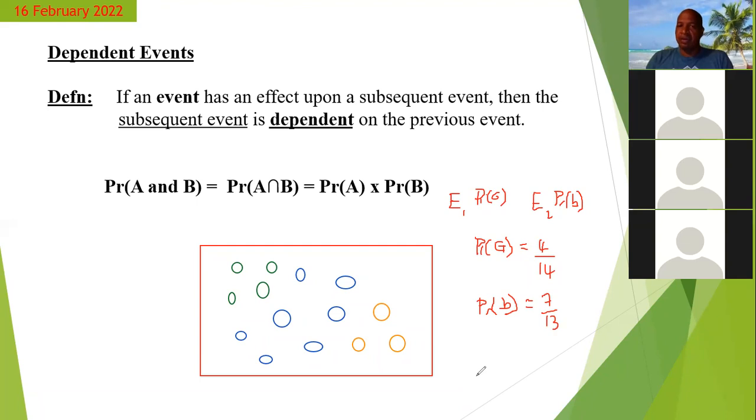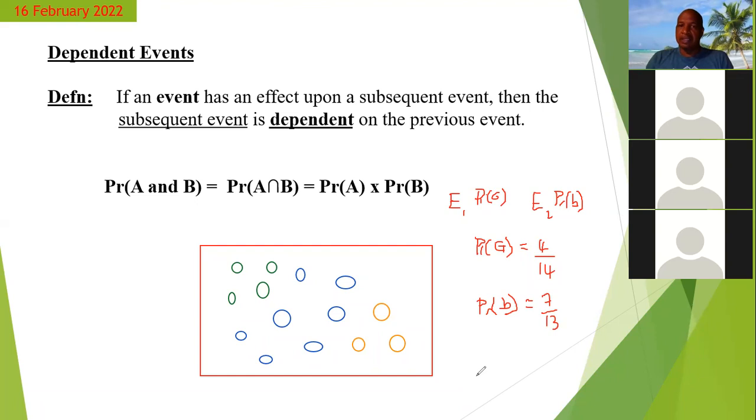So how do you know when you have a probability dealing with a dependent event? If you draw one of the marbles or one of the objects and don't replace it, then you know you're dealing with a dependent event. Because the next event will now have a new total, and the next event will depend on that new total.